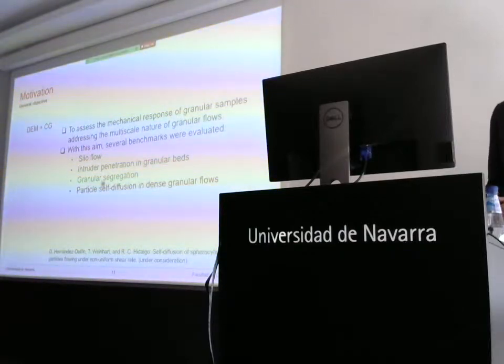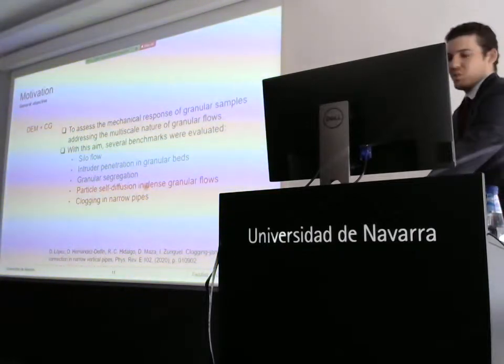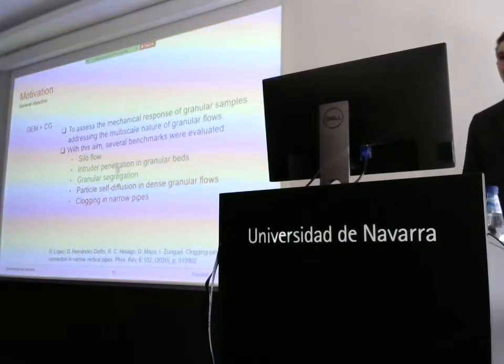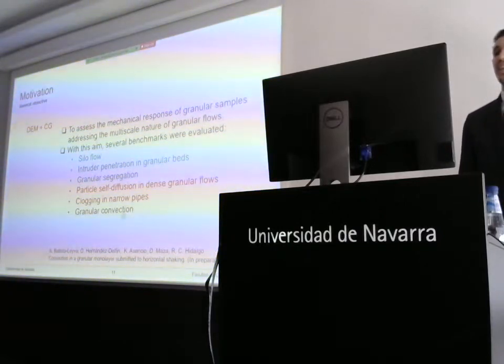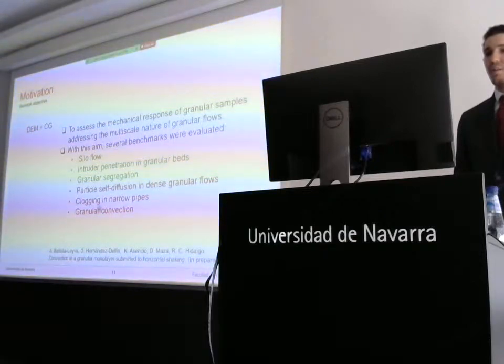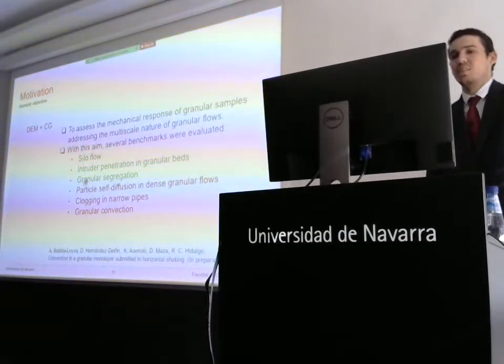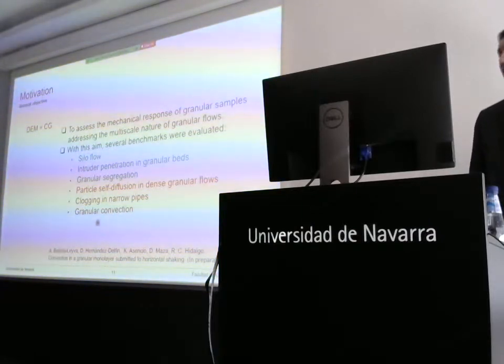For example, the particle self-diffusion in dense granular flows, the clogging in narrow pipes, and lastly, the granular convection of the granular bed. They have not been included in this presentation nor in the manuscript, to keep consistency with the general objective.